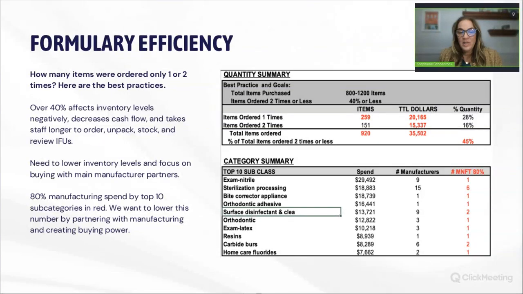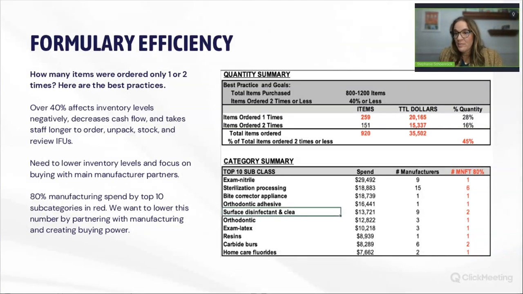Also, when you have a formulary, on the right side of the screen where it says category summary, you can take a look at how many manufacturers you are actually purchasing products from when you look at this data. So for example, on the very first line, exam nitrile gloves, the practice spent $29,000 on nitrile gloves, and they bought gloves from 9 different brands or 9 different manufacturers.